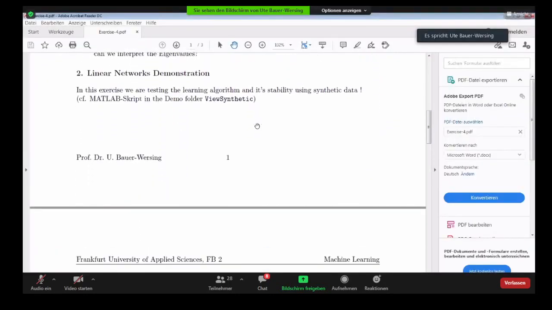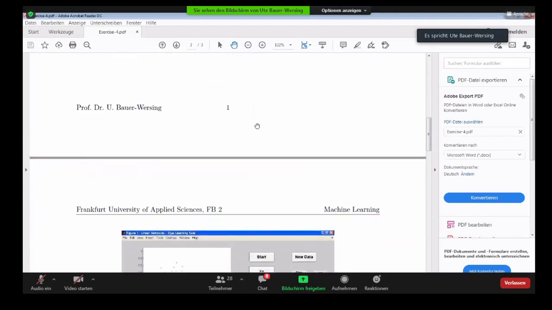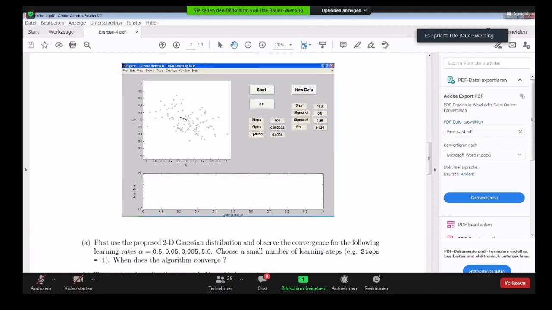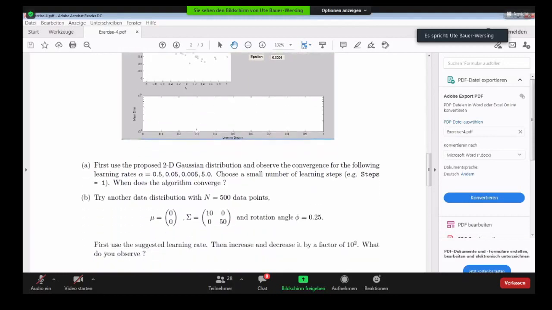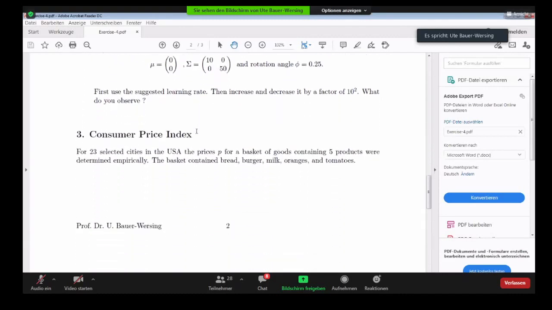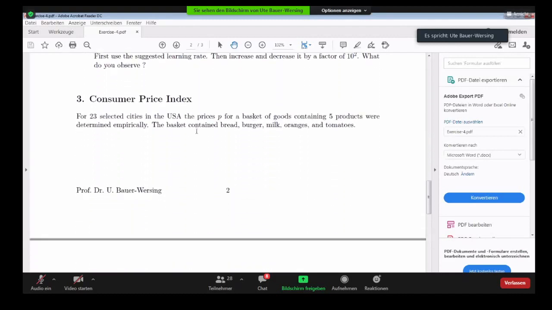So we already managed to do exercise task number 2. We looked at this simulation. We got some synthetic data and we saw that the learning rules basically compute the directions in space where the data cloud scatters. So exercise number 3 is now an application of this principal component analysis.